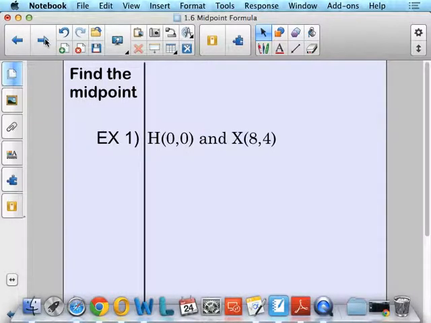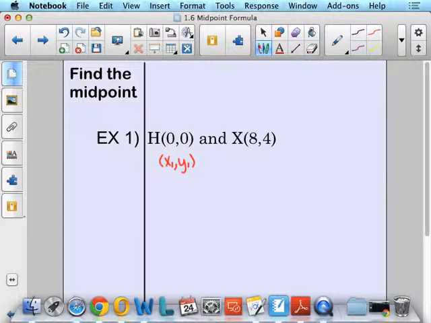All right, first example, we're finding the midpoint. We're given point H is (0, 0), and point X is (8, 4). I'm going to start by labeling (x1, y1) and (x2, y2). If I start with H, I'm just going to call that (x1, y1).